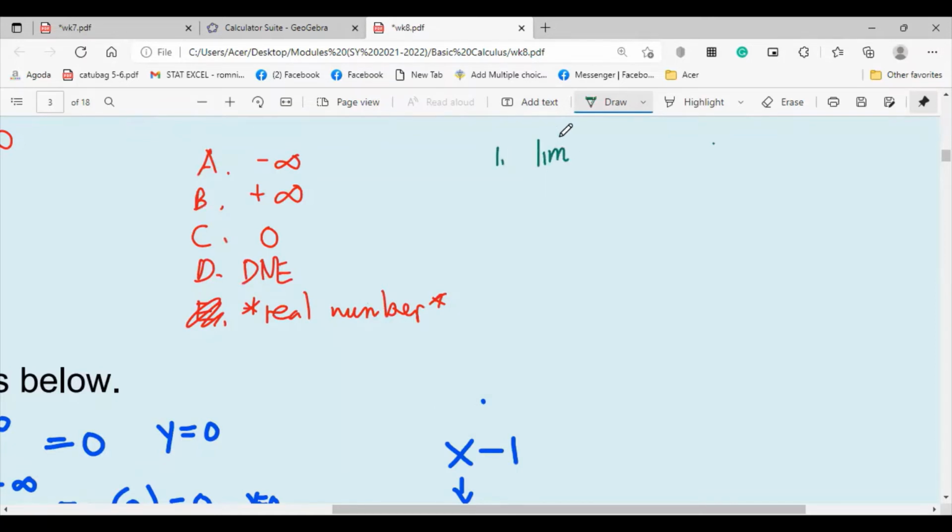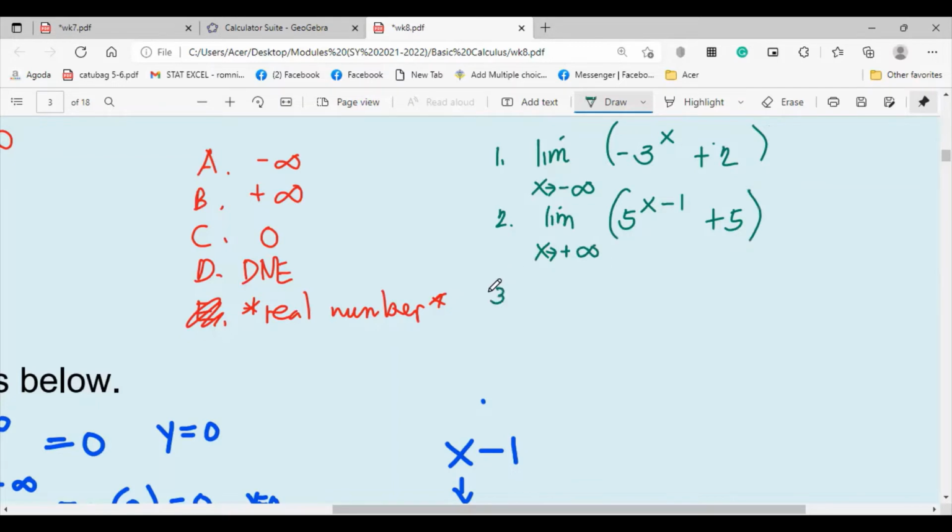Number 1, what is the limit of negative 3 raised to x plus 2 as x approaches negative infinity? Number 2, what is the limit of 5 raised to x minus 1 plus 5 as x approaches positive infinity? Number 3, what is the limit of 10 raised to x plus 10 raised to x minus 1 as x approaches negative infinity?